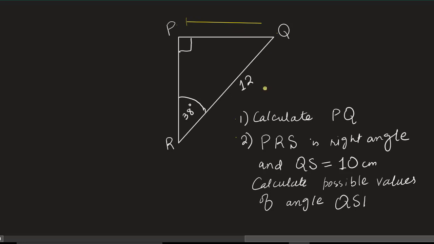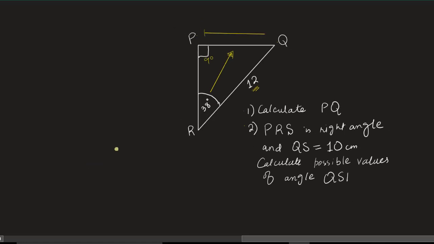We can see this PQ is the opposite side of this angle. And we are given the hypotenuse, because this is opposite to the 90 degree angle, so we have to use the sine formula.